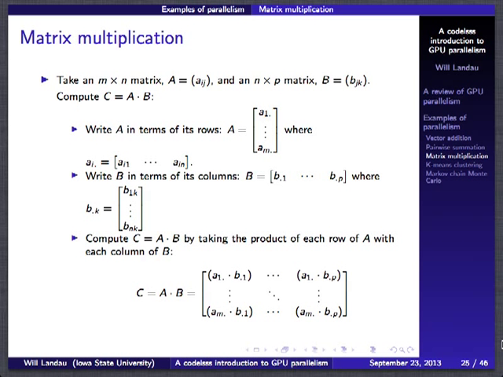So I can compute all of these dot products simultaneously. And not only that, I don't need the threads that are responsible for computing different entries to communicate with one another. So this naturally divides the problem into an array of blocks of threads. And within each block, I can compute this dot product. Make sense?